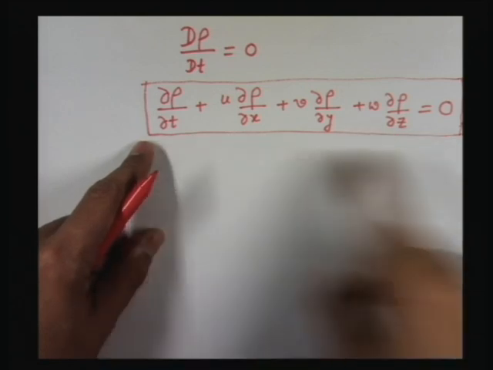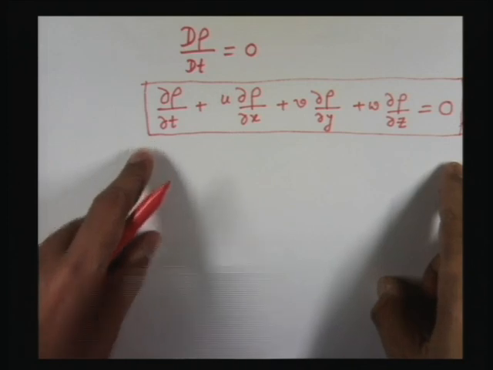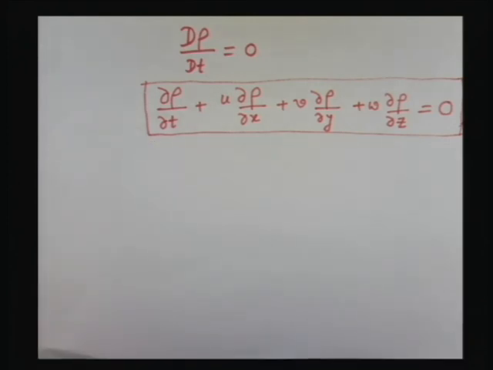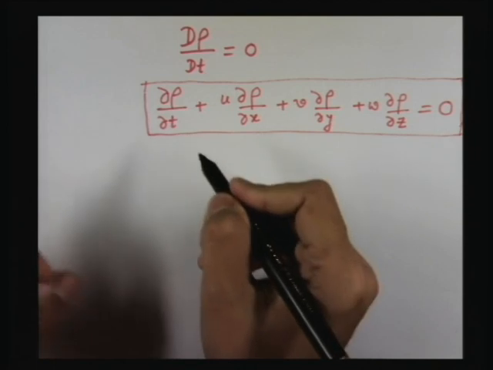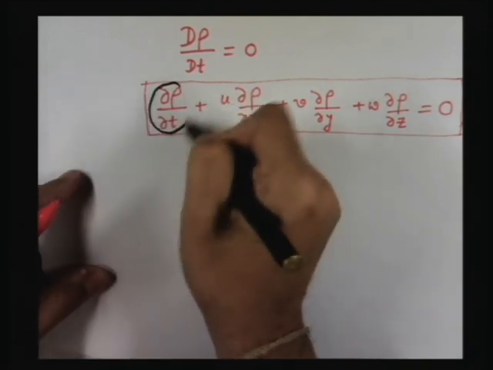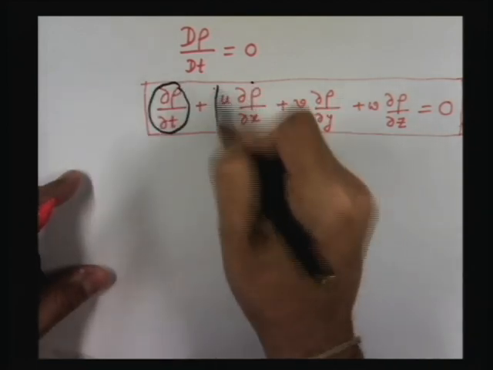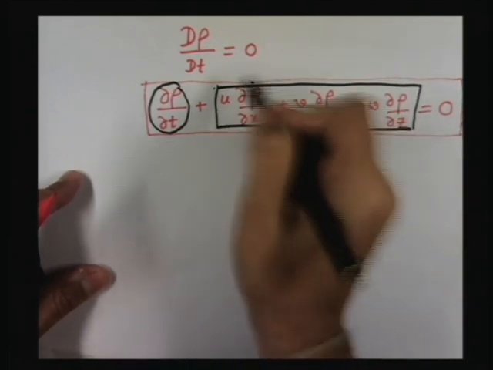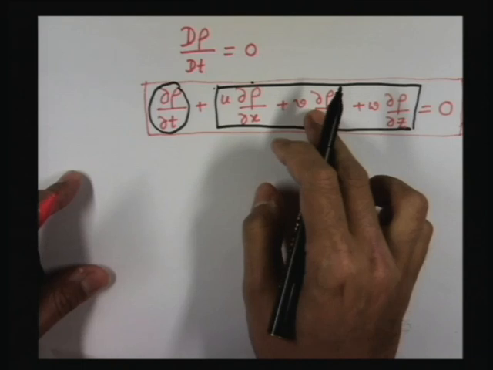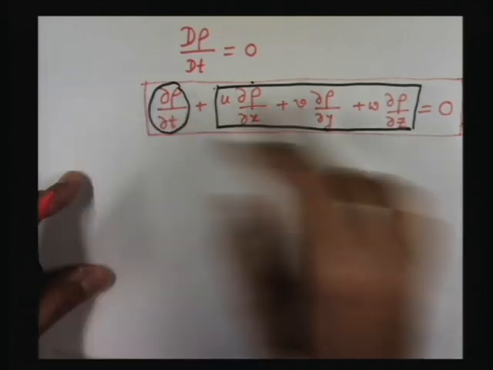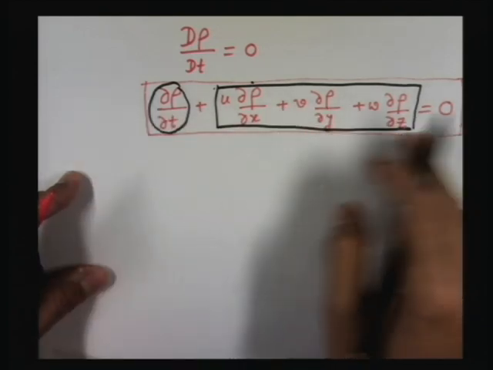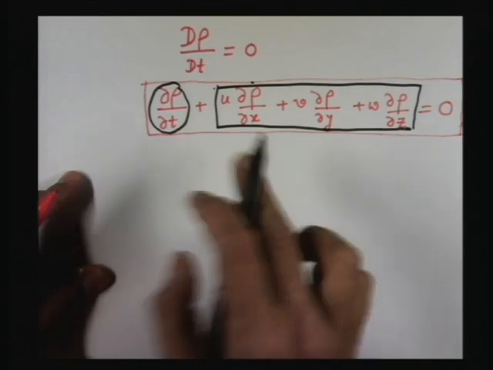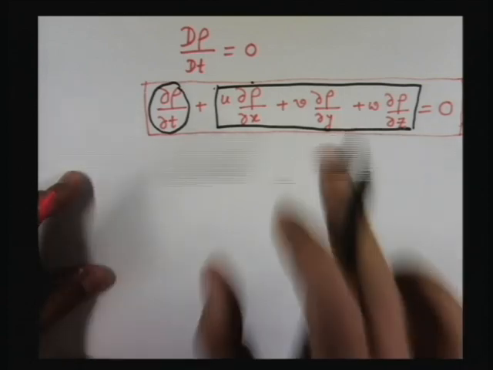So rho equal to constant is a special case, but it might so happen that rho is not a constant, but this term is there and these terms are there, and let us say this term and this term are exactly the same in magnitude and opposite in sign, so that the sum total is 0. That is possible. So it is possible that density is varying, but it is incompressible flow.